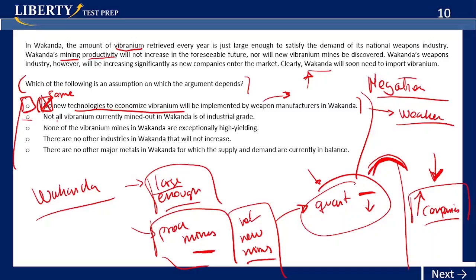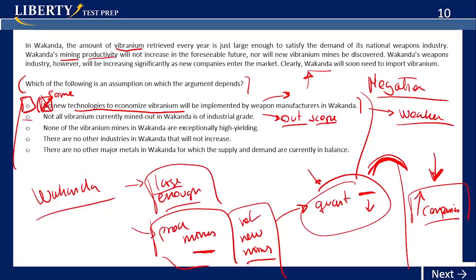Letter B. Not all vibranium currently mined out is of industrial grade. Now this one's out of scope, okay? Because here in the argument, it never talked about the grades of vibranium. Of course, we can assume that these weapon manufacturers use vibranium of industrial grade because they are industry, right?